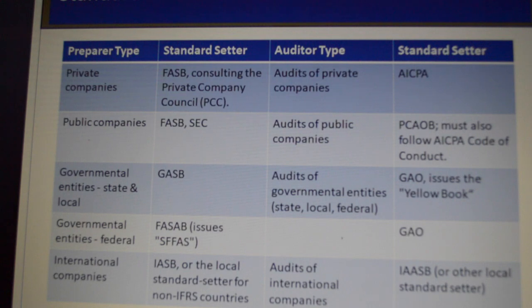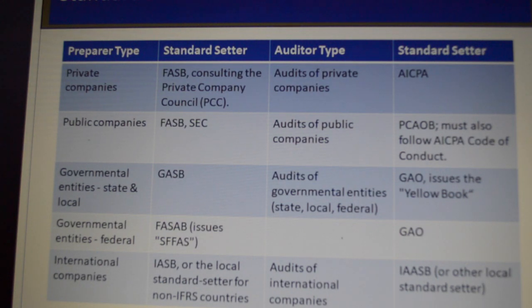Governmental entities, state and local. Standard setting body is GASB, Government Accounting Standards Board. Audits of governmental entities, state, local, federal. GAO issues the Yellow Book. That's the Government Accountability Office. Governmental entities, federal.